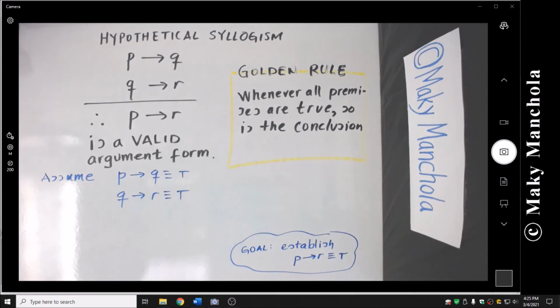So let's take the case that P is true. What happens? When P is true, our first premise becomes true implies Q is true.